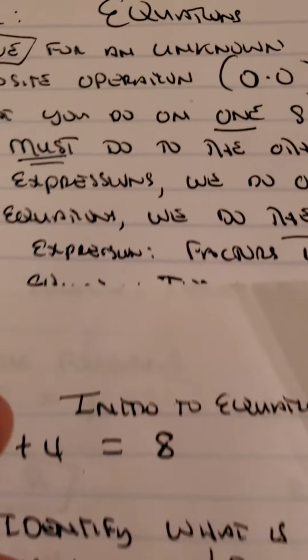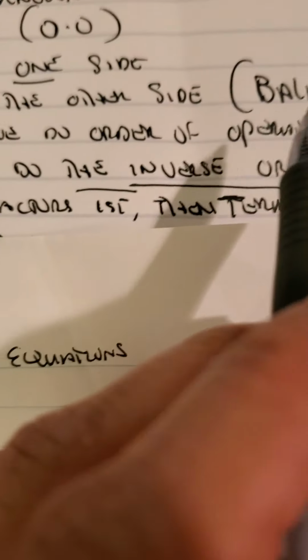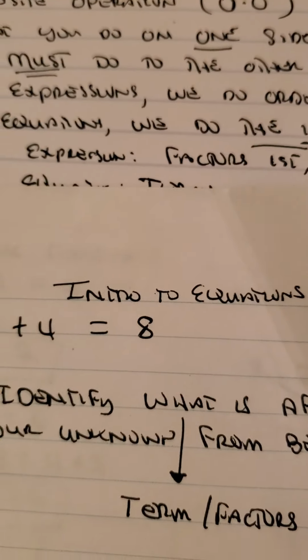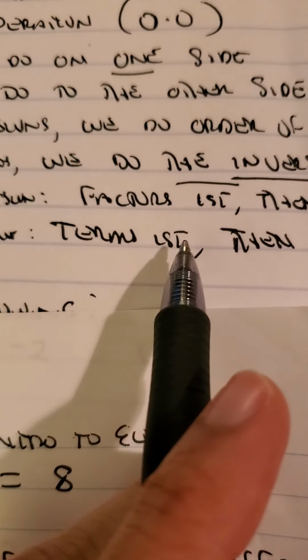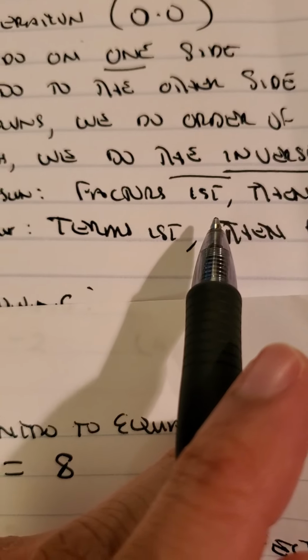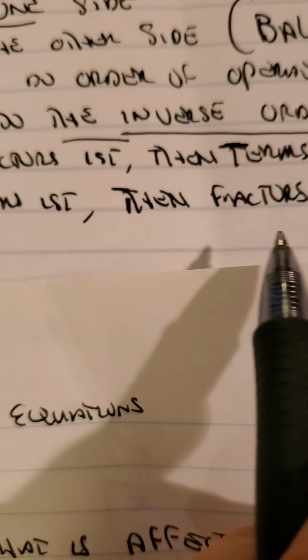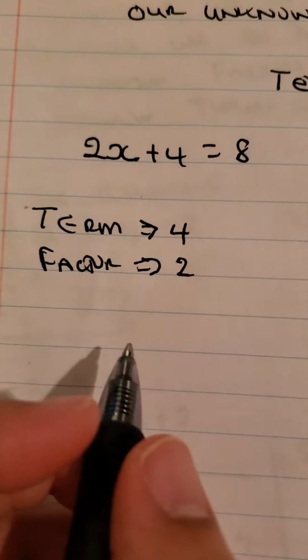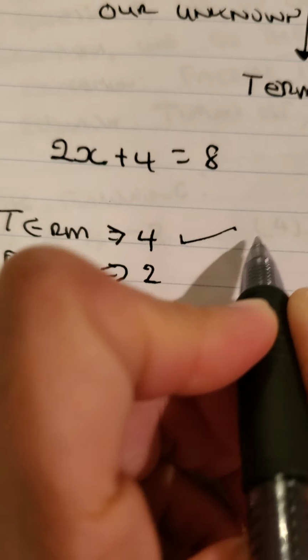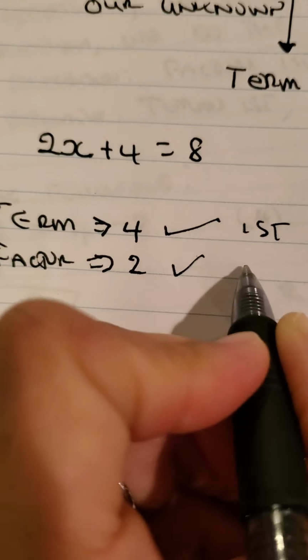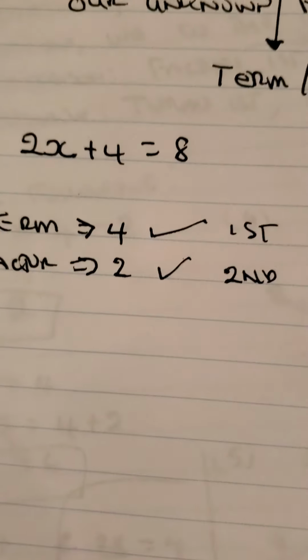Remember, for expressions, we usually do the order of operations, which is we take care of our factors first, PEMDAS, okay? And then we work on our terms. But when we're working with equations, we operate on our terms first, then our factors. So what we want to do here is get rid of our term 4 first, and then we'll get rid of our factor 2.